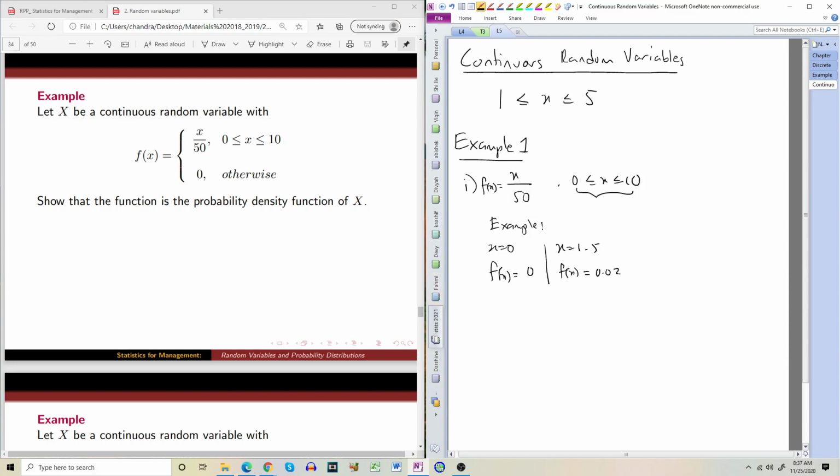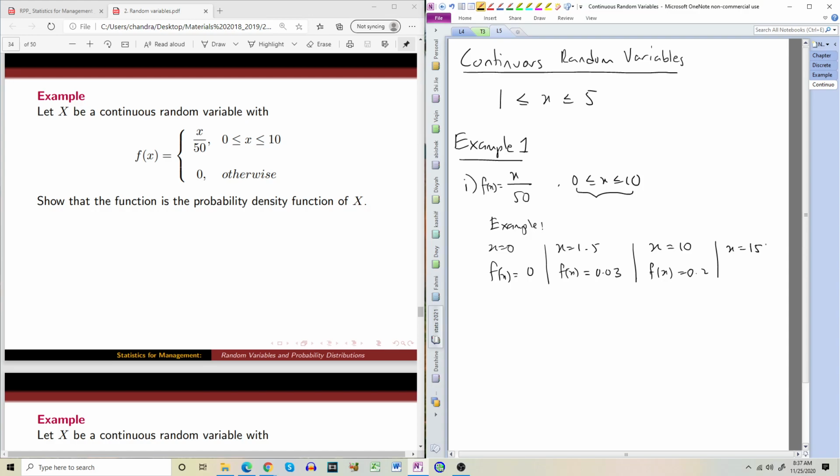0.03. If you choose the maximum number, still what do you get? 0.2. Can you choose x equal to 15?